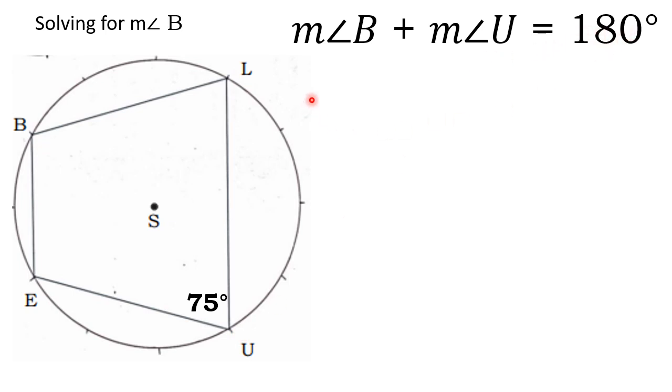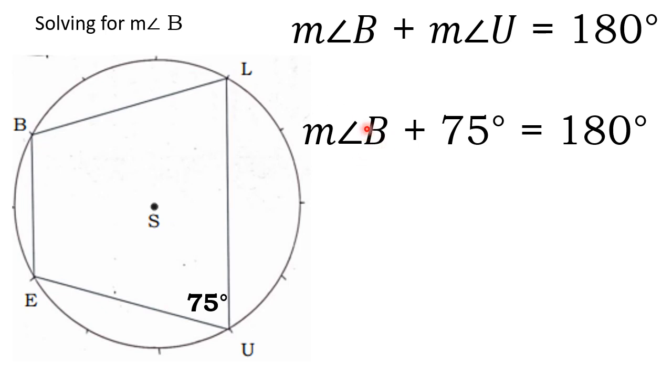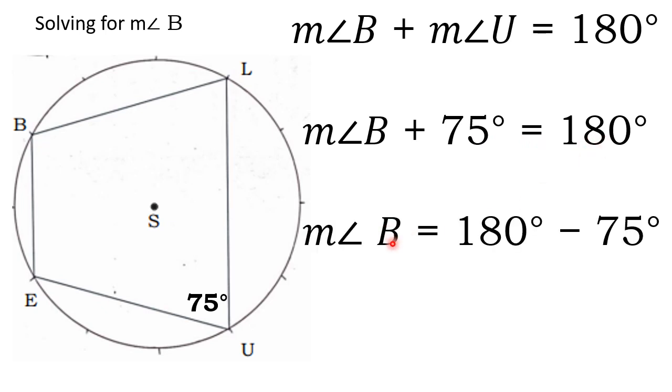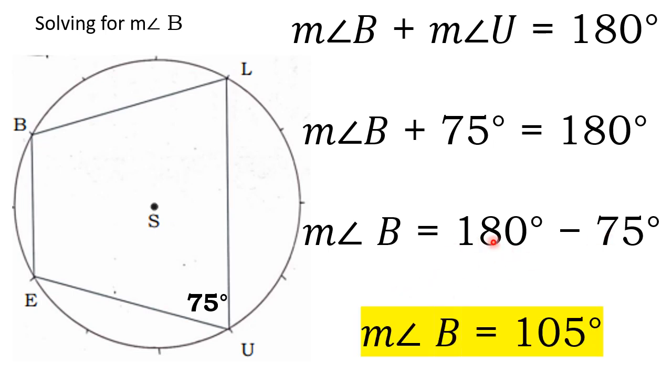Now let's substitute. Measure of angle B plus measure of angle U, which is 75 degrees, is equal to 180 degrees. Angle B is equal to 180 degrees, 75 transposed, so it becomes negative 75 degrees. So subtracting, 180 minus 75 is equal to 105 degrees. So therefore, angle B is equal to 105 degrees.